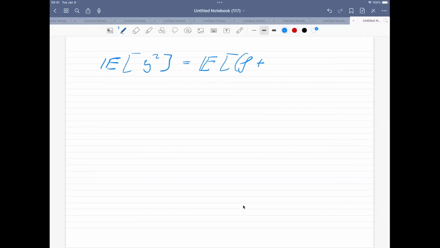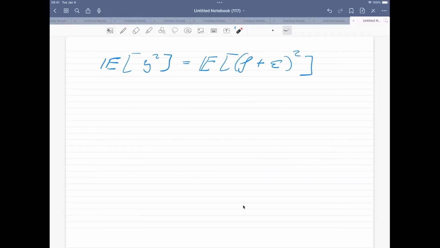There is a function f, which is a non-stochastic function, plus some epsilon, squared. So keep in mind that we have made an assumption about the data, that there is a function f, which we are approximating, and we have some noise.